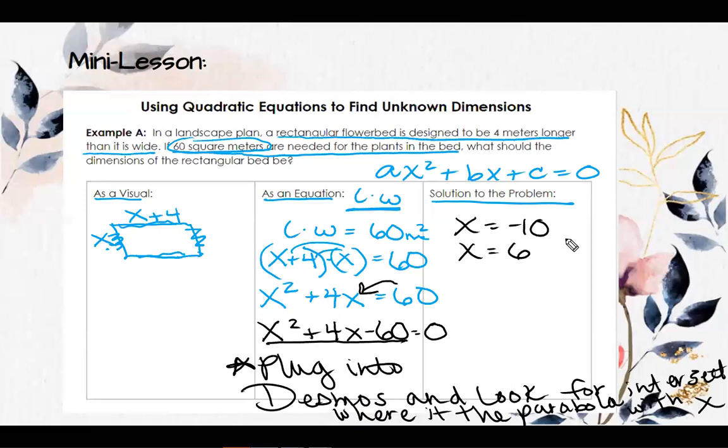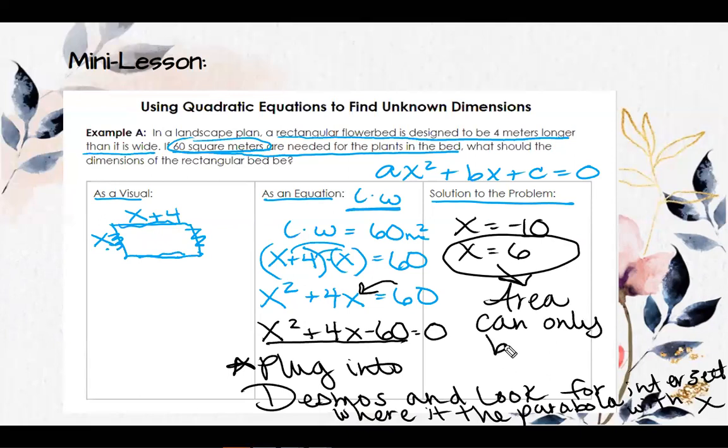No, so watch. When you get your two answers, your answer is the positive, okay? So with area, write that down. Area can only be positive.